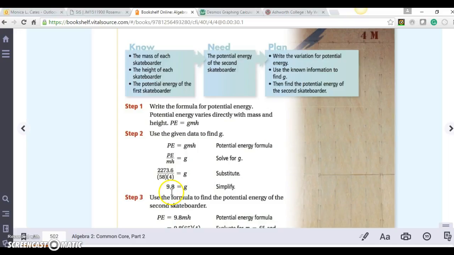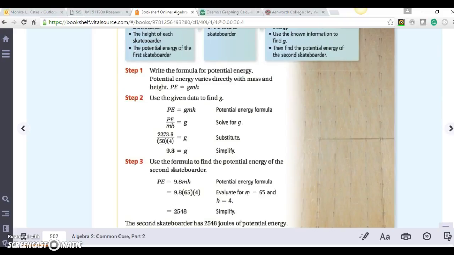And they got 9.8. If you've taken physics before, or if you take physics in the future, you'll see that the normal measurement for gravity is 9.8. I think it's 9.81 something something something, but this is what they typically use, 9.8.